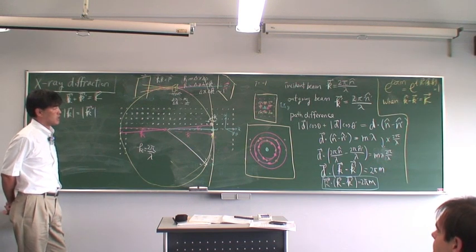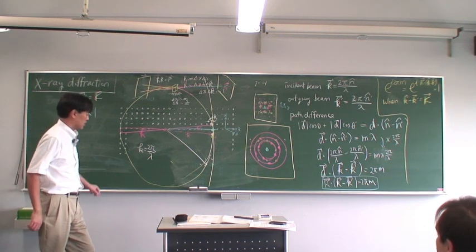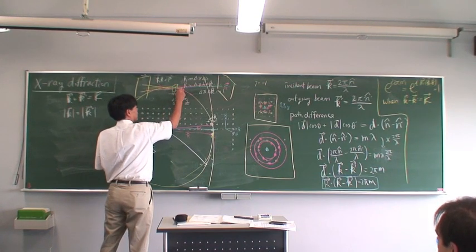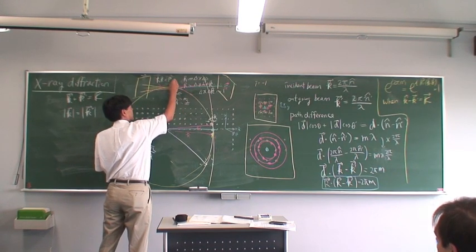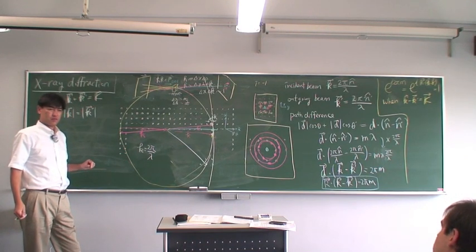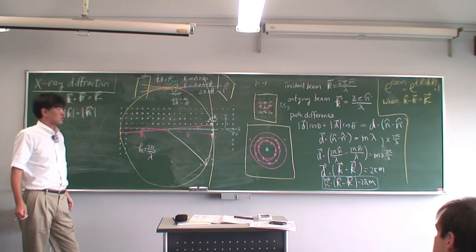And in this case, the light direction is 0, 0, 1. Right? 0, 0, 1.